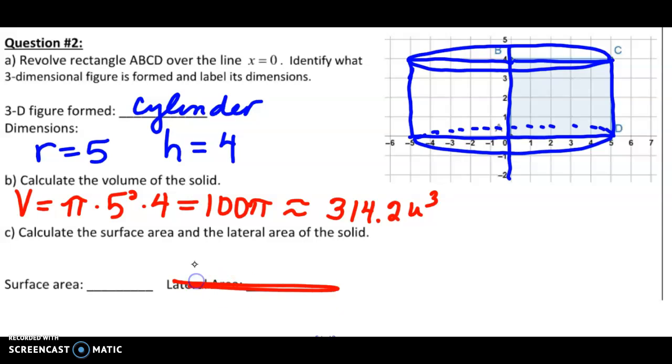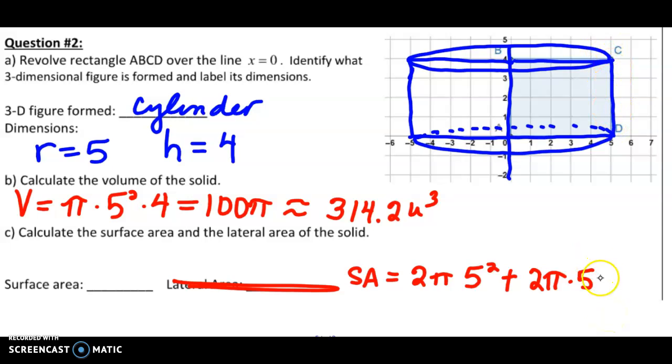The surface area, remember, is 2 bases plus the circumference, because that rectangle that wraps will have one dimension, the circumference, so that's 2 pi r. And then it is also times the height.